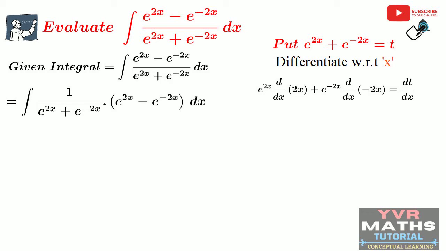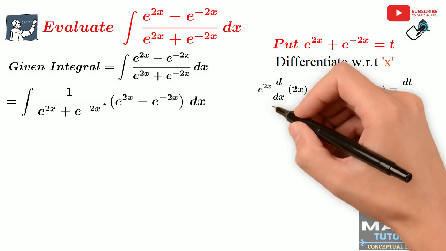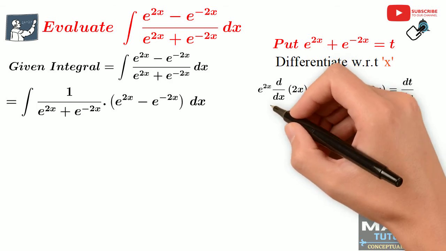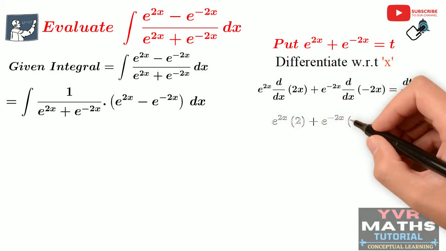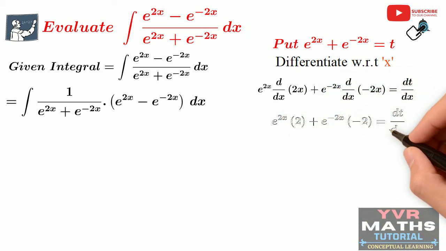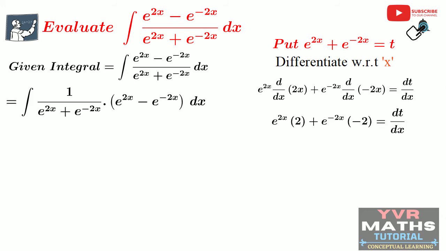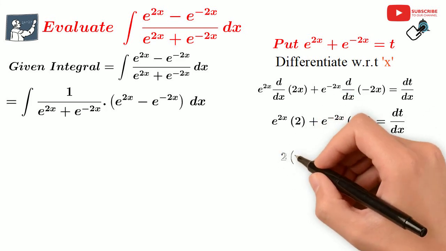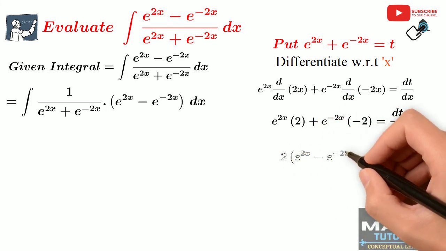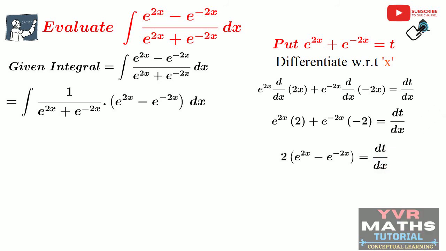Now here the derivative of 2x is 2 and the derivative of minus 2x is minus 2. So the next step is e power 2x into 2 plus e power minus 2x into minus 2 is equal to dt by dx. If we take the common factor, then we get 2 into (e power 2x minus e power minus 2x) is equal to dt by dx.